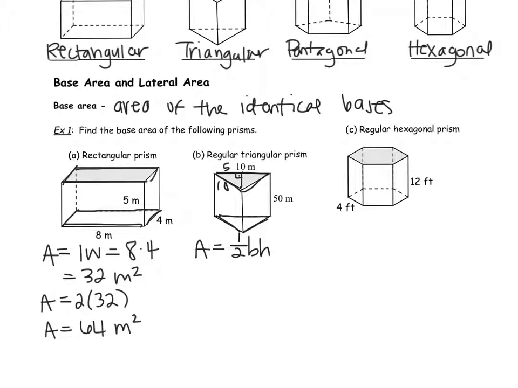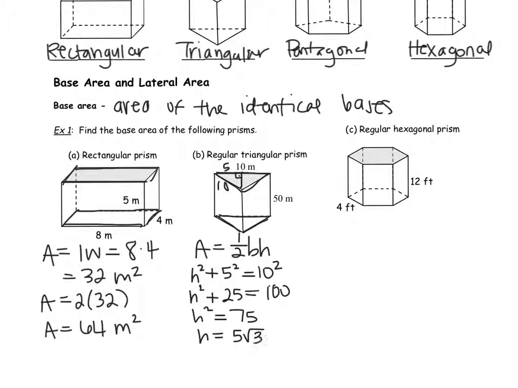We have that the height squared plus 5 squared has to equal 10 squared. So we get h squared plus 25 equals 100. When you subtract 25, you get that h squared equals 75, and when we take the square root, we get that the height is 5 square root 3.